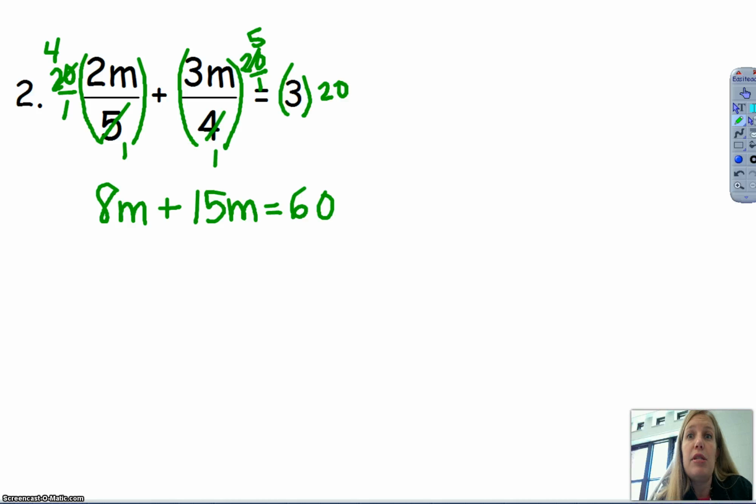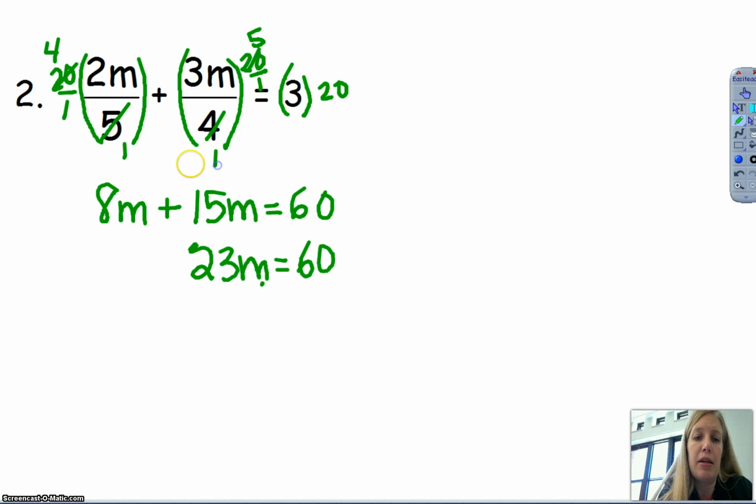Now, notice you see two variables, so you have to combine like terms. 15 plus 8 is 23, so 8 monkeys plus 15 monkeys is 23 monkeys. 23m equals 60.